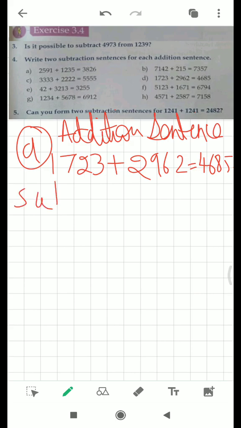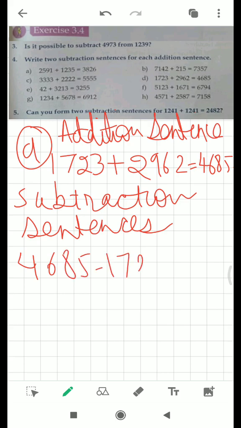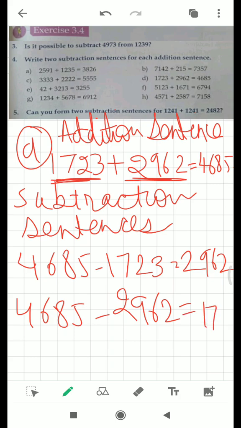So your subtraction sentences will be 4,685 minus 1,723 equals 2,962, and 4,685 minus, पहले इसको माइनस करा था, अब आप इसको माइनस कर लो, 2,962, and you're going to get the answer equal to this, 1,723.